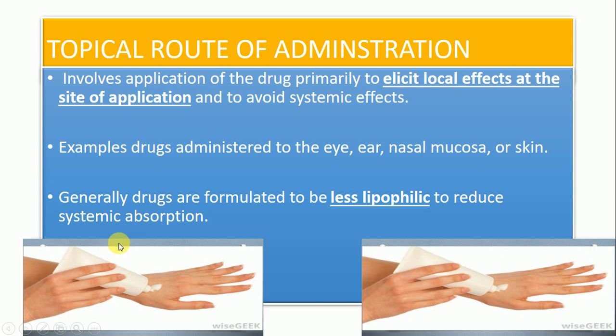In these routes, the drugs are generally formulated to be less lipophilic to reduce systemic absorption. They have low lipid solubility, so that they can't be absorbed into the systemic circulation.